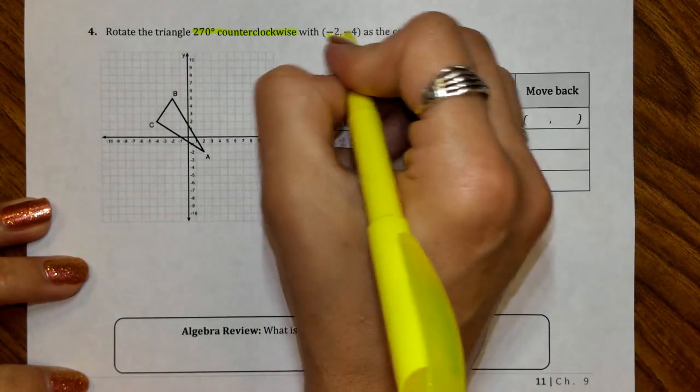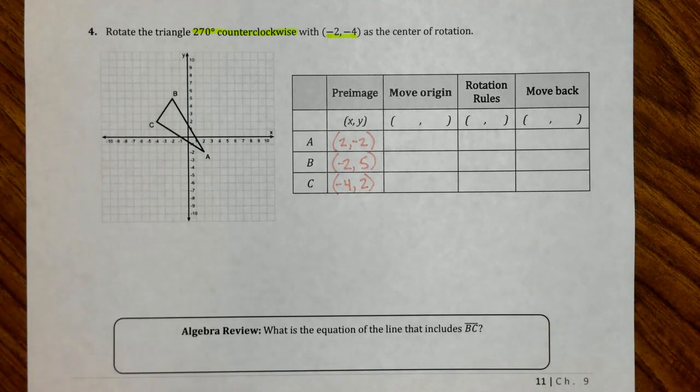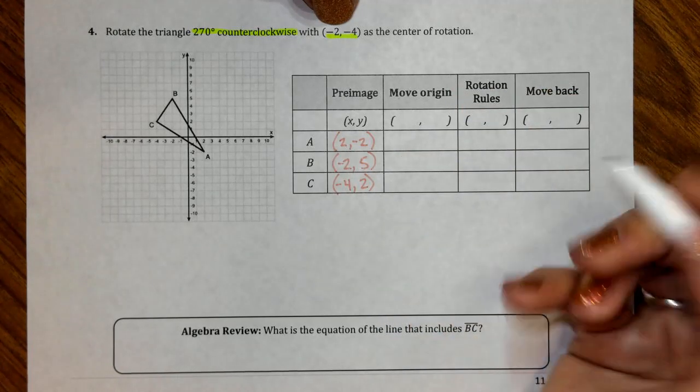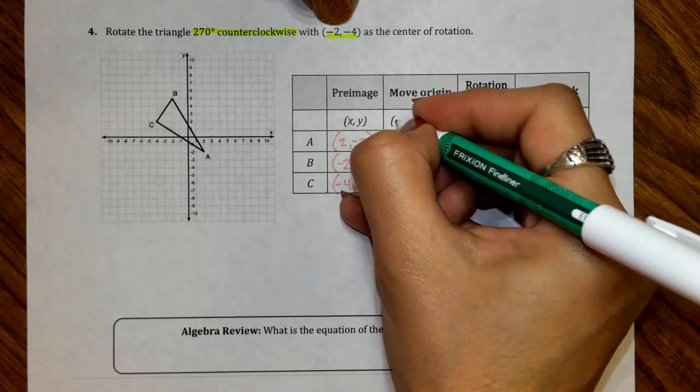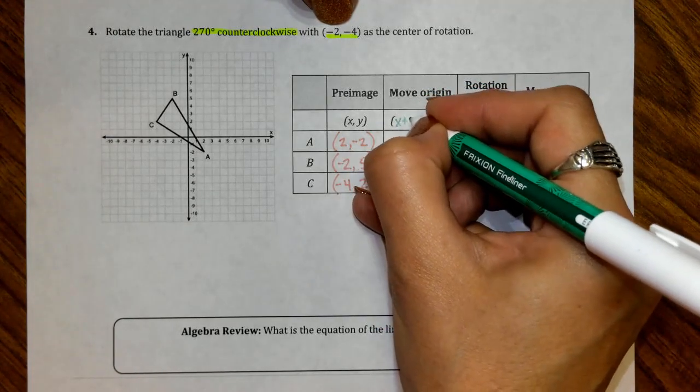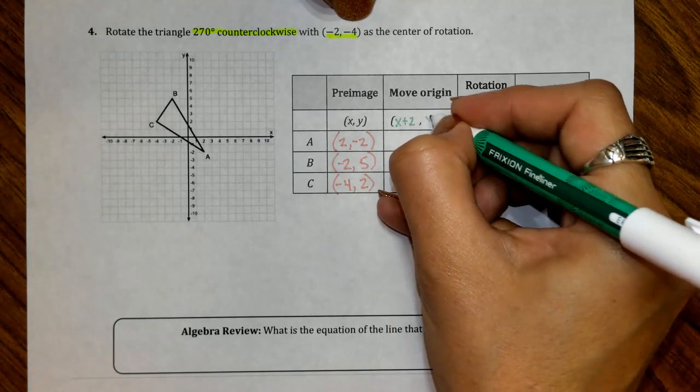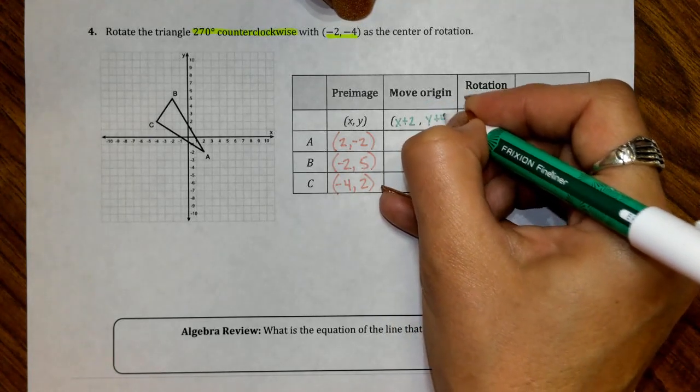We have -2, -4 as our center of rotation. So -2, -4. We need to do the opposite because we need to subtract -2, subtract -4. Remember that subtracting a negative is an addition. So we're going to take our x coordinates and add 2. We're going to take our y coordinates and add 4.